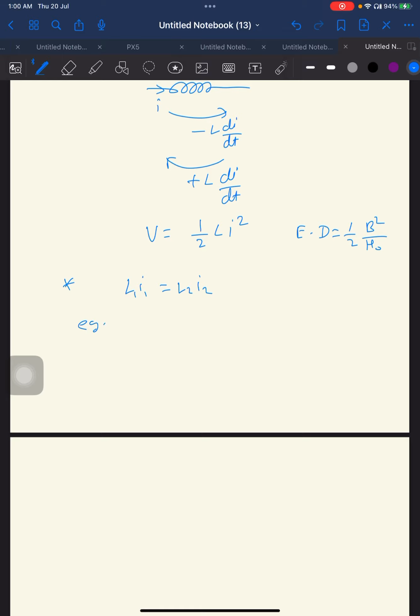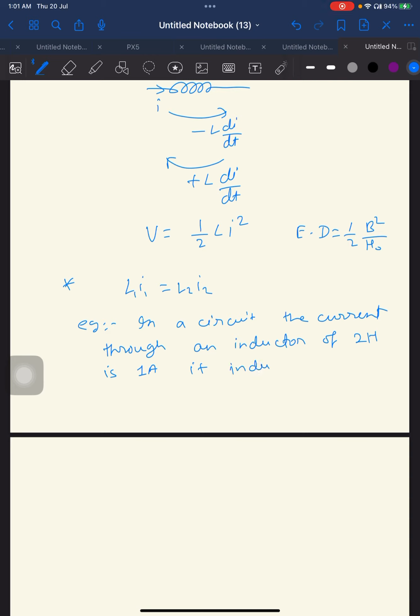For example, suppose I ask a question: in a circuit, the current through an inductor of 2 Henry is 1 ampere.